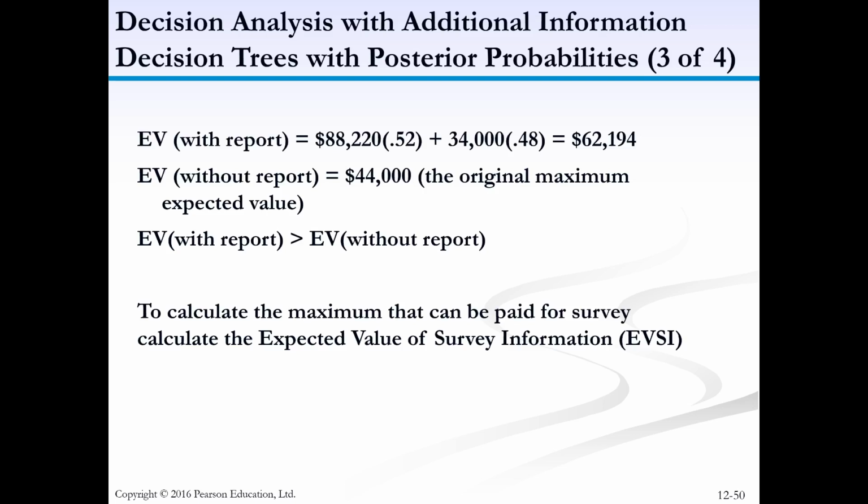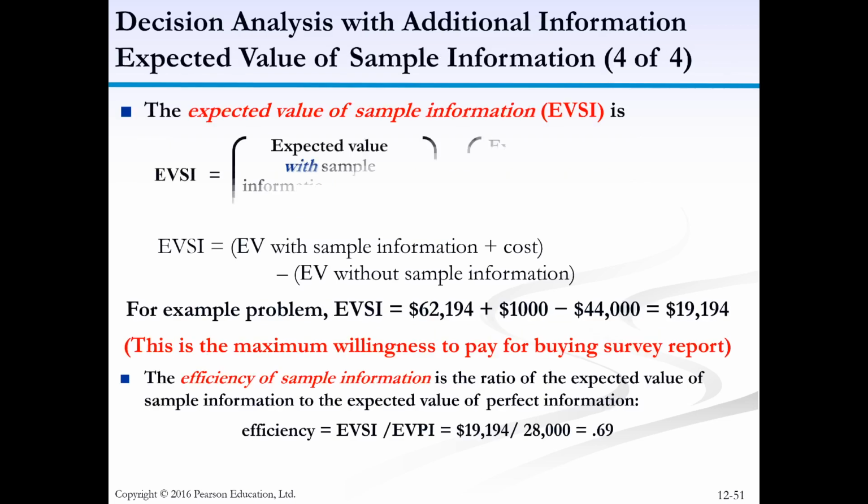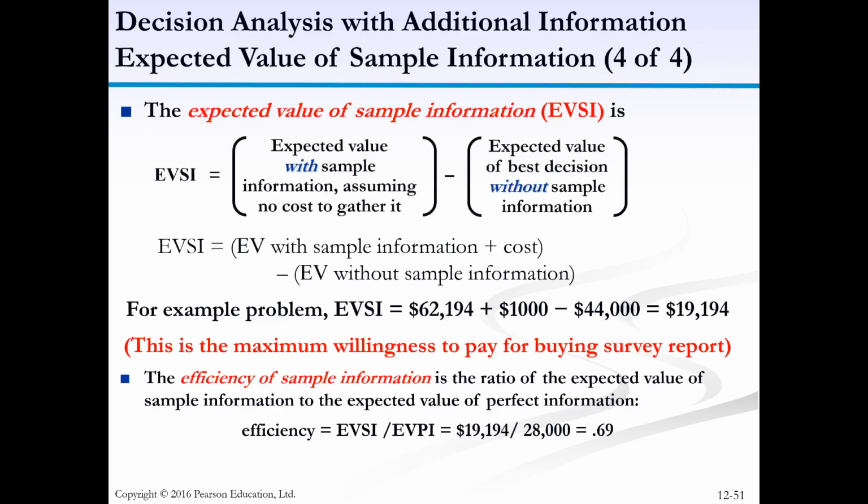And to find out the expected value of the survey information or with report is 62,194. And then if we want to find out what is the expected value of sample information, EVSI, then it is expected value with sample information plus the cost of survey minus the expected value without sample information.